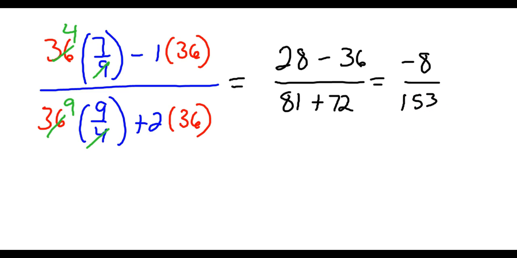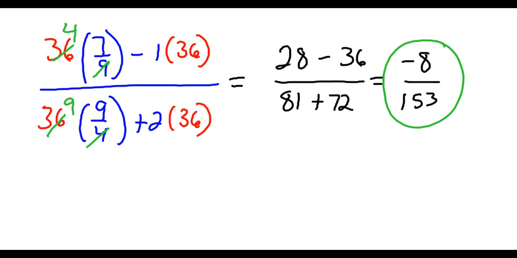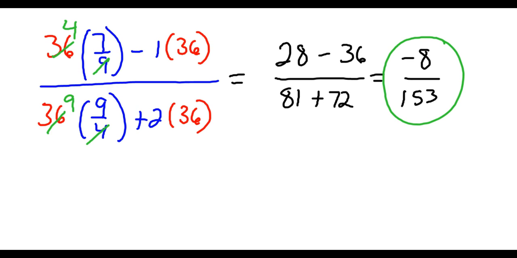If that fraction won't simplify, and this one doesn't, then that would be the final answer for that one. If it does simplify, then just divide by whatever you can divide into both of them, and keep breaking it down.